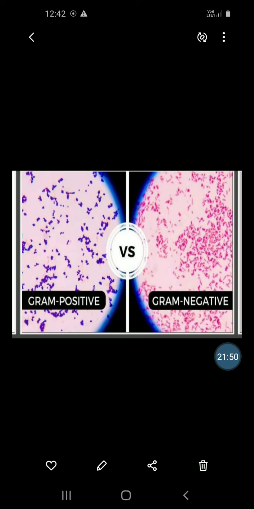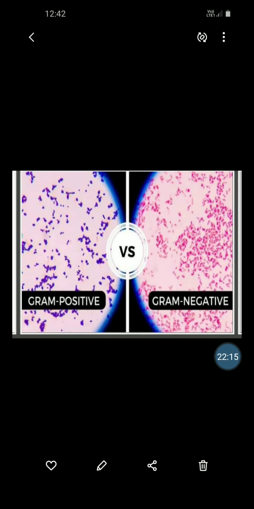Here we can see the difference between the gram-positive and gram-negative bacteria. The different techniques of staining we will see in theory as well as in practical. From this image, what can you conclude?